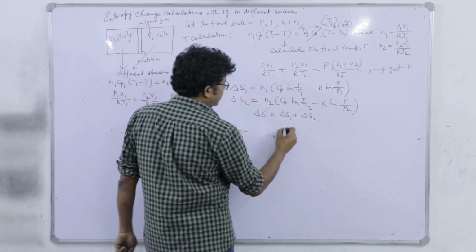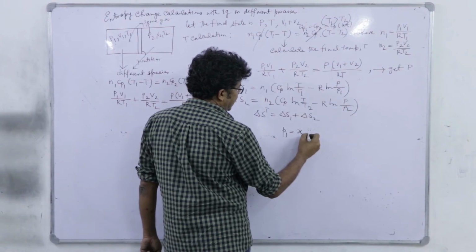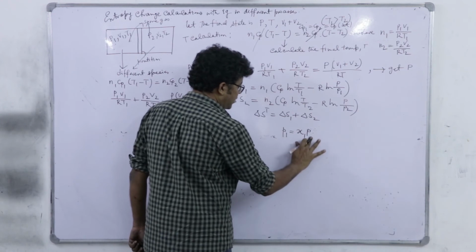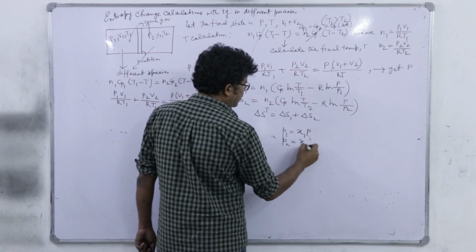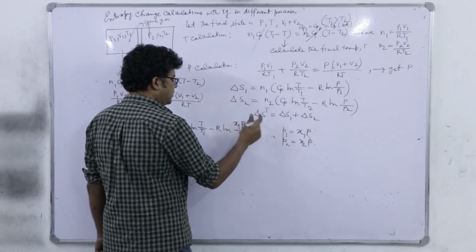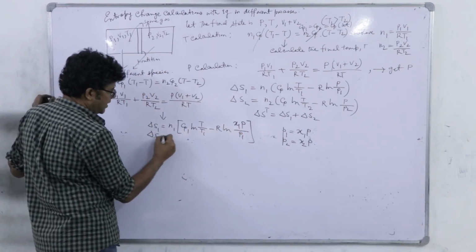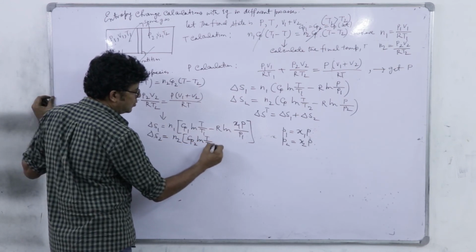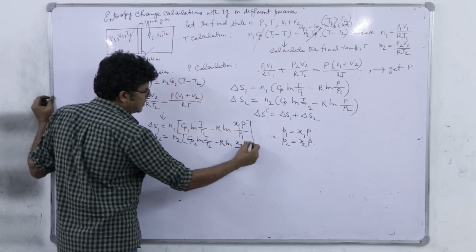So partial pressure P1 is equal to x1 into capital P. Oh sorry, capital P, not P1. And P2 will be x2 into capital P. So here the pressure will be x1 into capital P, which is the difference. And delta S2 similarly is N2 Cp2 ln T by T2 minus R ln (x2 P) divided by P2.